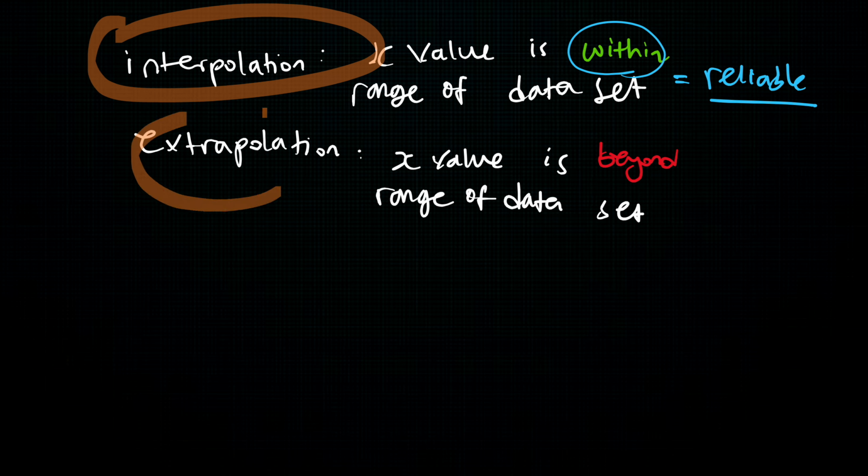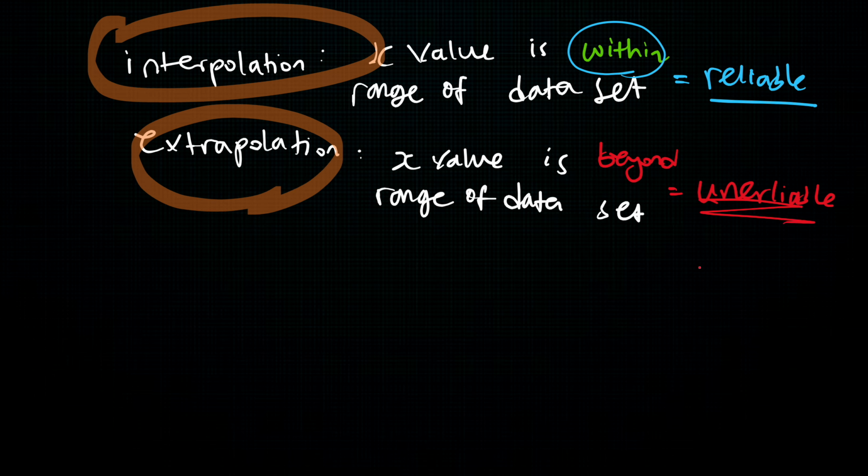However, if it extrapolates, if the x value is beyond, it is unreliable. It's kind of common sense really. If the x value you input is beyond the data set that was used to make the regression line, there is no guarantee that the relationship continues beyond the observed values. Hence, it's likely to be unreliable. It's not saying it will always be unreliable, but it's likely to be unreliable.